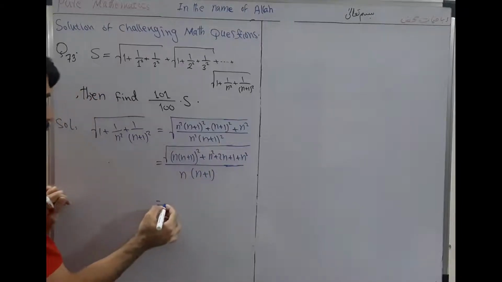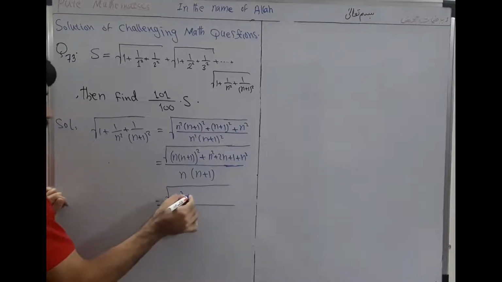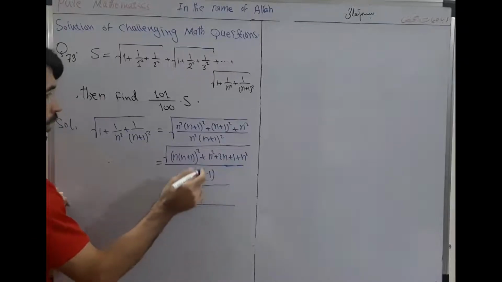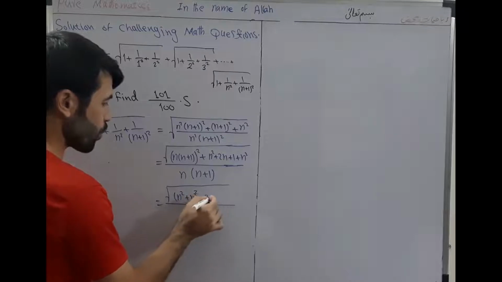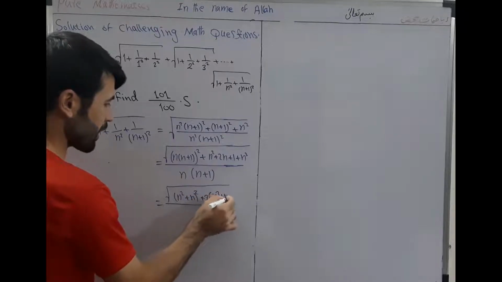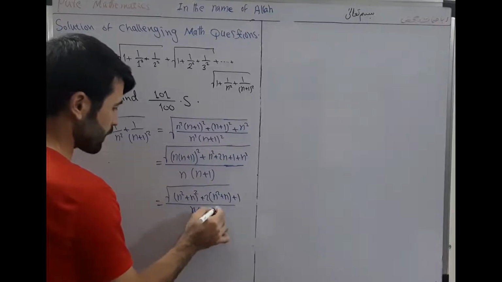It is equal to square root of n square plus n whole square plus n is 2n, n square plus n plus 1 over n into n plus 1.